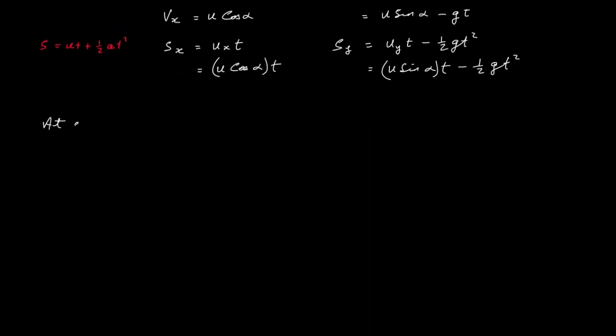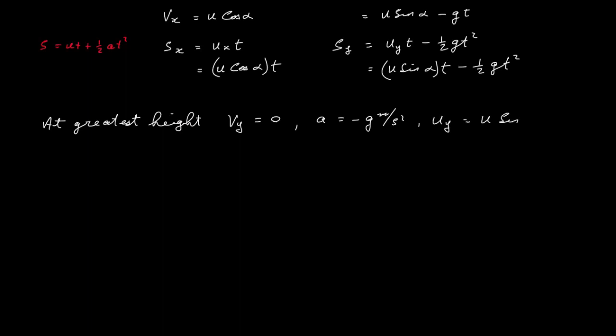So at the greatest height, the velocity in the y direction is going to be equal to 0. The acceleration is just minus g meters per second squared, and our initial velocity in the y direction is equal to u sin alpha meters per second.